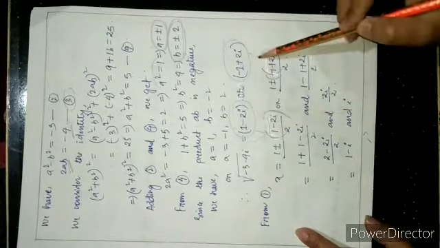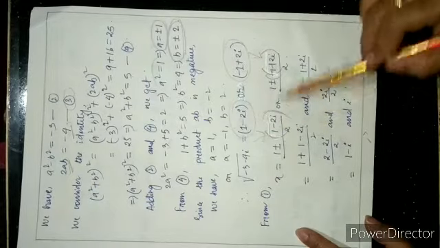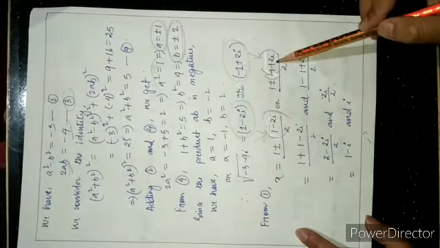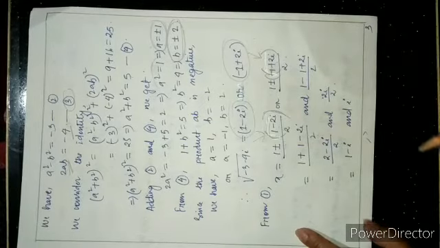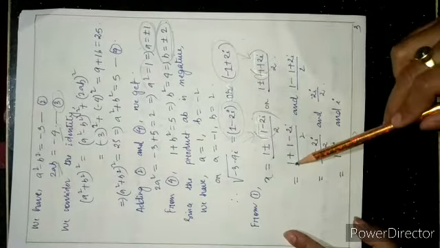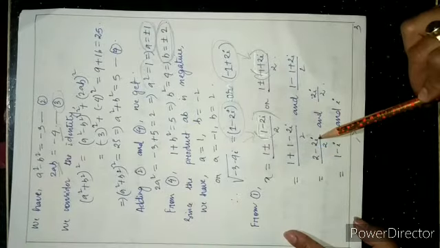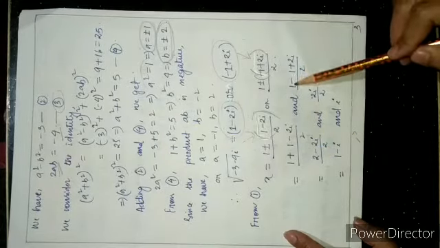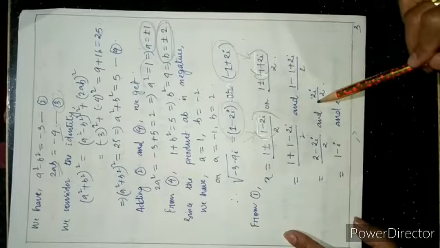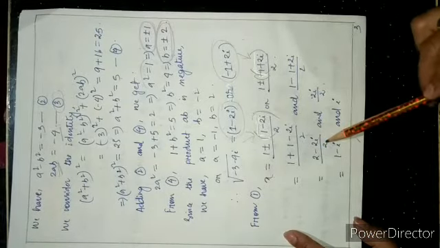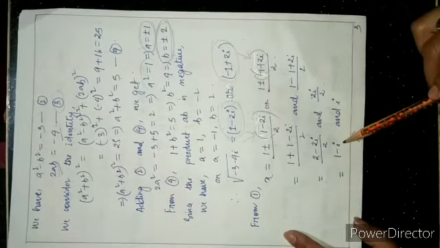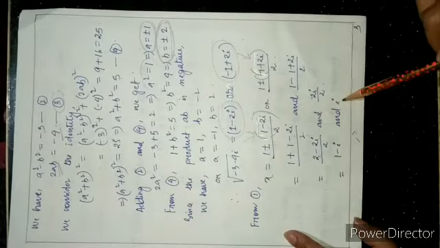For the first part, 1 plus 1 is 2, minus 2i. For the second, 1 minus 1 is equal to 0, plus 2i. Then dividing 2 minus 2i by 2, we have 1 minus i, and 2i divided by 2 is equal to i.